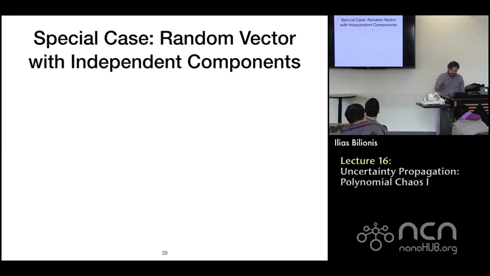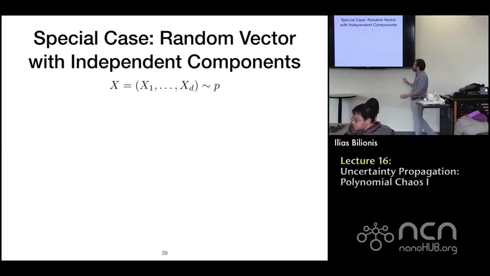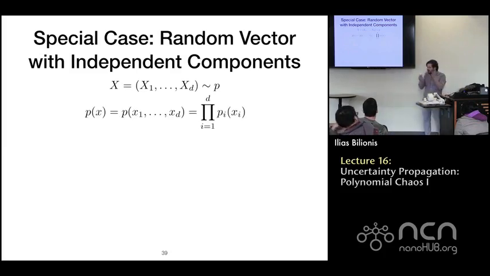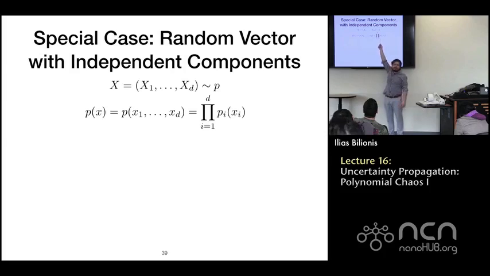But there is a special thing you can do. If, for example, you consider each one of the components, x1 up to xd, of your random vector, and if each component is independent, then the probability density is going to factorize like that. Then you can build the orthogonal polynomials of each one of the components and put them back together.